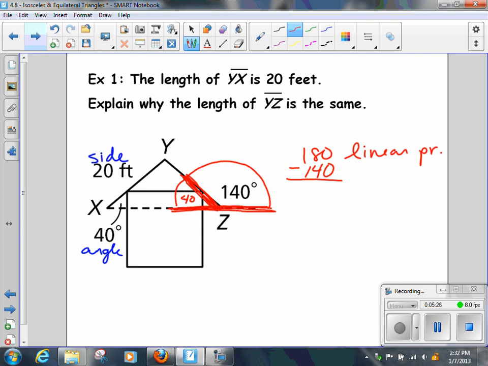Everything I write on the board, is that important? Yes. So that means it ought to go in our notes, right? Okay. So that means we got 40. So now we've got two, what kind of angles that are 40 degrees each? What kind of angles? They are congruent. Be more specific.